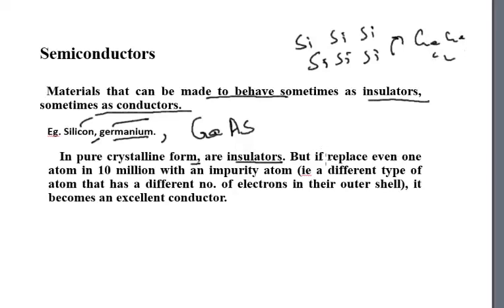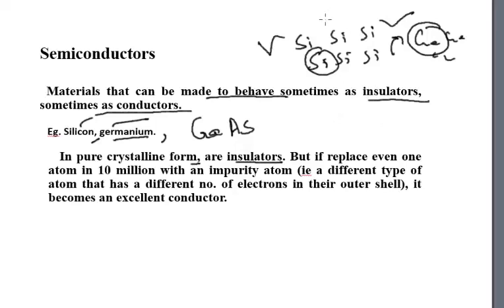But if we replace one atom in 10 million with an impurity atom of either the third group or the fifth group, because silicon and germanium both are from the fourth group, then any one atom out of 10 million atoms is replaced.